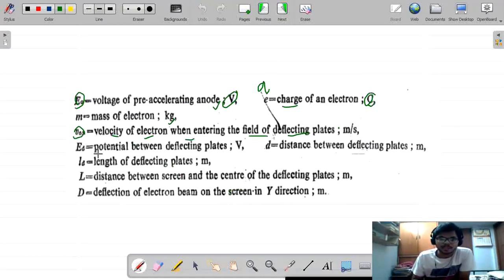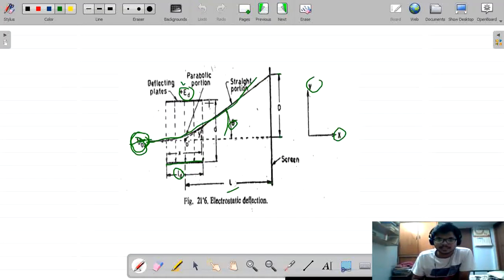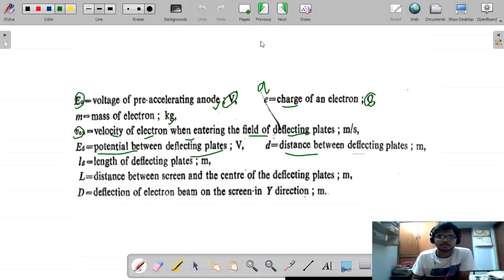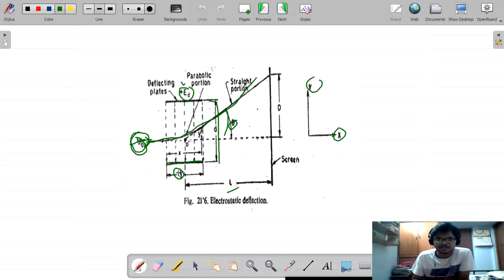Now ED is the potential between the deflection plates, and small d is the distance between the deflection plates. LD indicates the length of the deflection plates. L indicates the distance between the screen and the center of the deflection plates, that is, from the plate center to the screen.